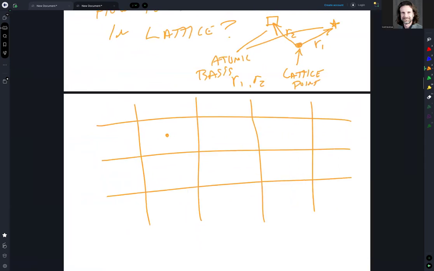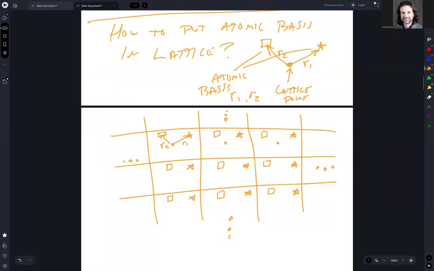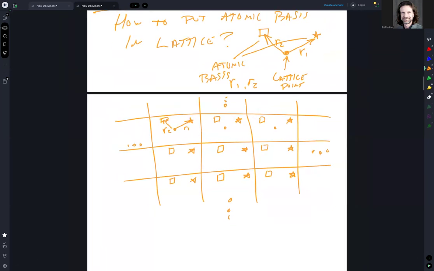Now I've got an R1 and an R2. So at each point I now have this, dot, dot, dot, because this, again, goes off to infinity. So this is how we do this.